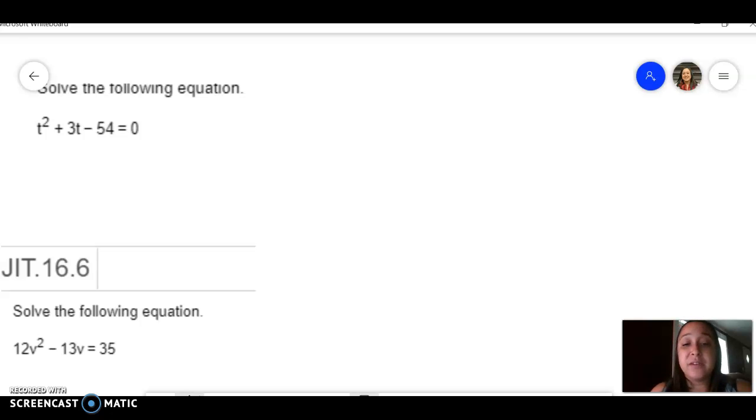When I think of factoring trinomials, what I first ask myself is, is my a equal to 1 or is it not equal to 1? When I say a, I'm thinking about ax squared plus bx plus c, a trinomial written in that form.